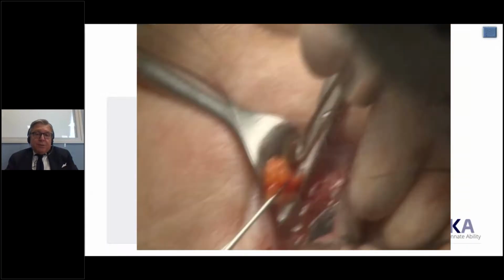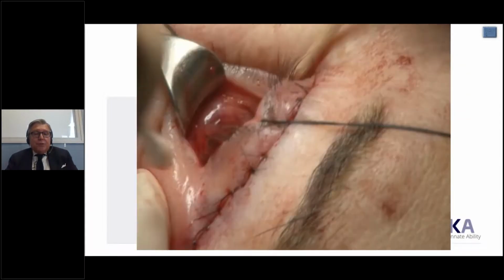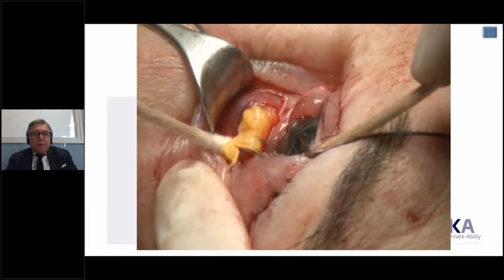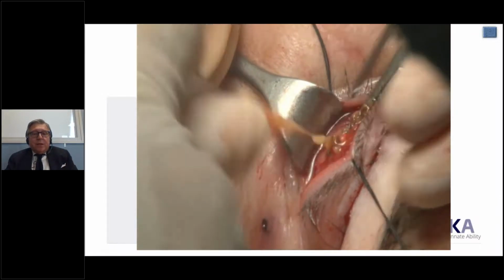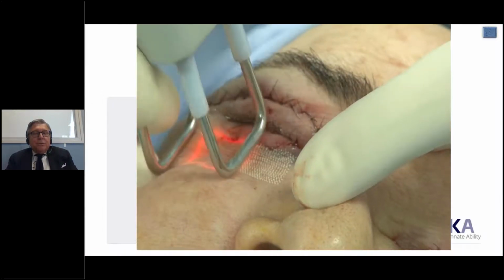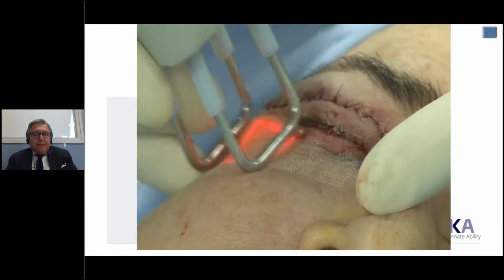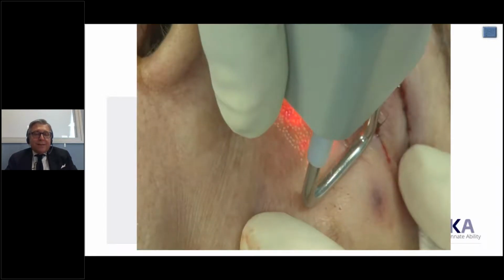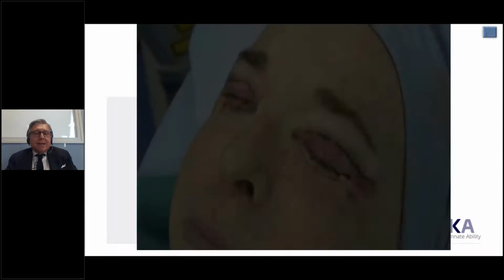Of course, you have to be skilled to know perfectly the anatomy of the area, so the nerves and the vessels that we have in this part. You pull out all the fat, you coagulate the fat, you clamp sometimes some vessels that are open, and at the end, you use the fractional scanner by pulling down the skin a little bit, because normally when we remove the fat, we leave an empty area, and as a consequence, we have a laxity of the skin.